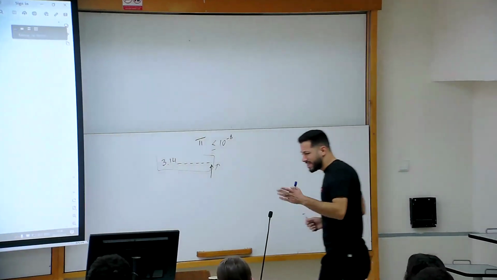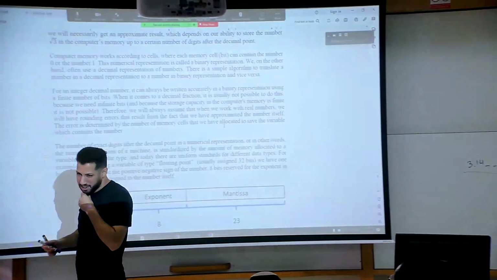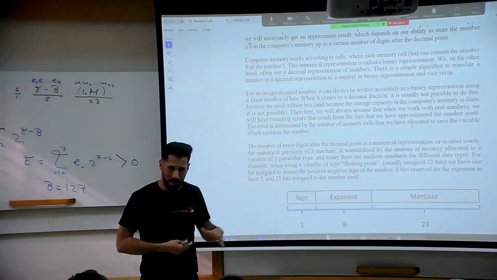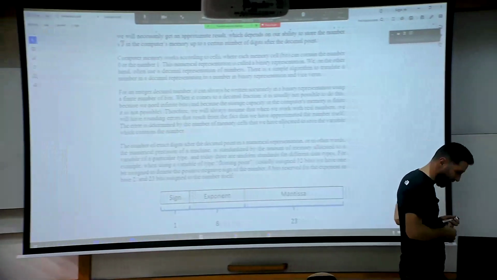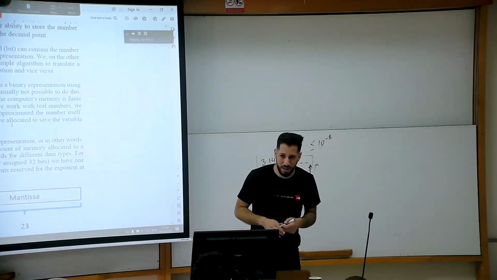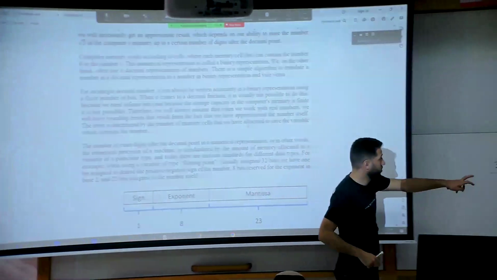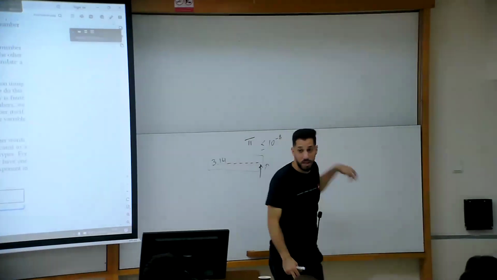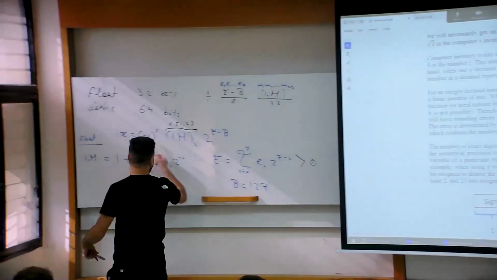Okay, and you'll see that we will be interested in magnitude, in order of magnitude. You'll see immediately that we will throw away many constants. So like here, because it's 10 to the minus 8, what's the error that can be here?